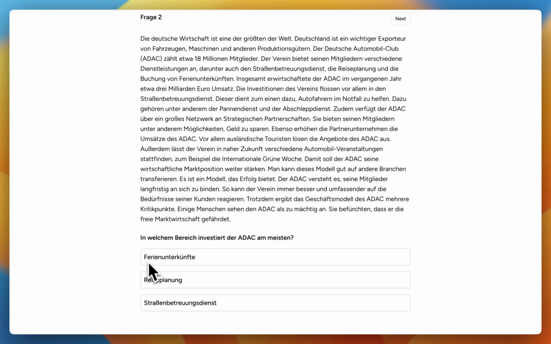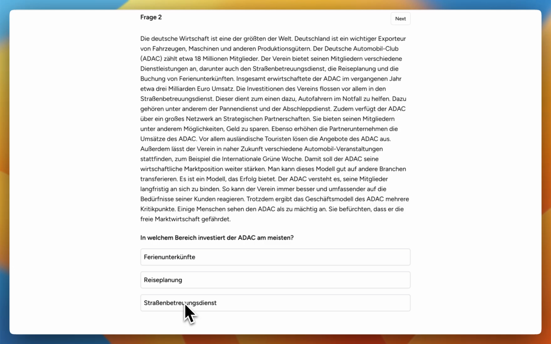I don't know. And the third one is Feierunterkunft, something about celebration. So it's highly unlikely that ADAC is investing in travel planning. It's more likely that they invest something in the streets, right? Because the roads are something that the automobile will find useful. So I can already have some idea that this could be the answer, but we are not sure.